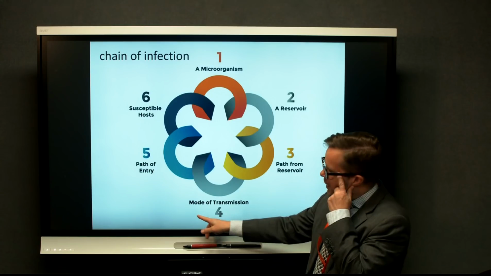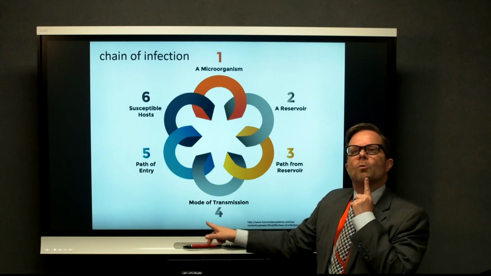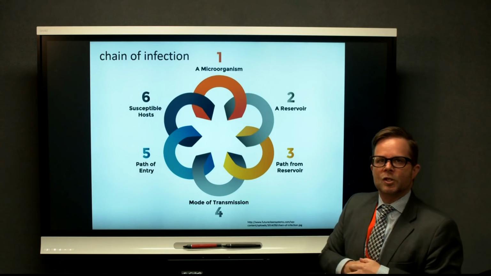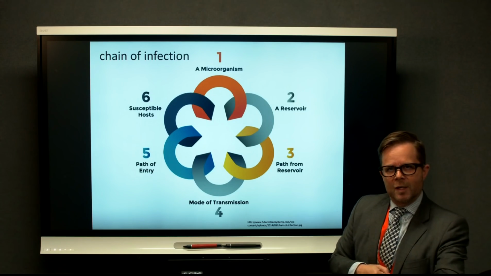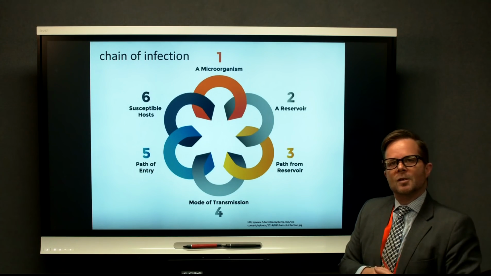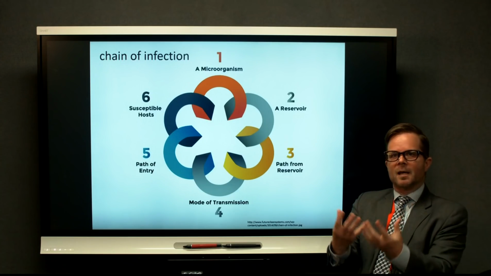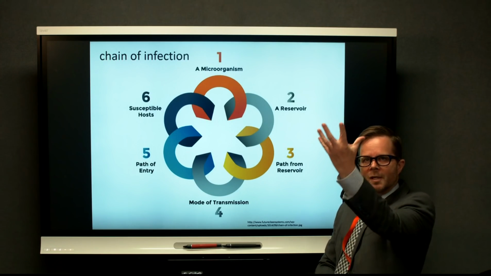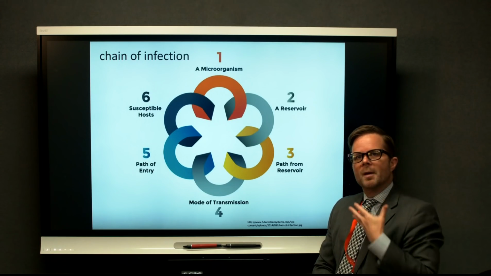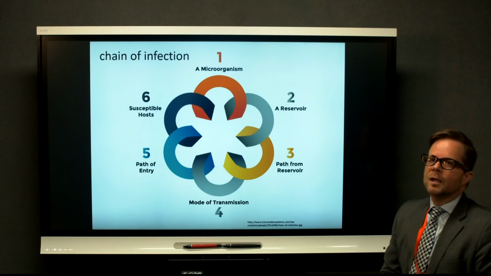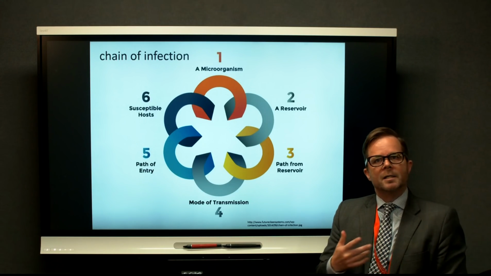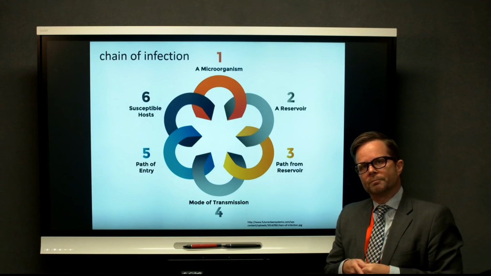So again, we're thinking now, aren't we, about how we might interfere here with this chain to prevent transmission from occurring. So if someone is infecting others through sneezing and aerosols coming into the air, what could be a mechanism that we put in place to prevent or retard that type of transmission?